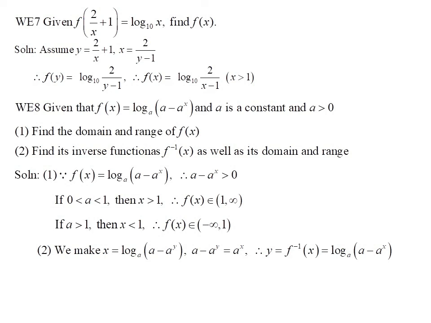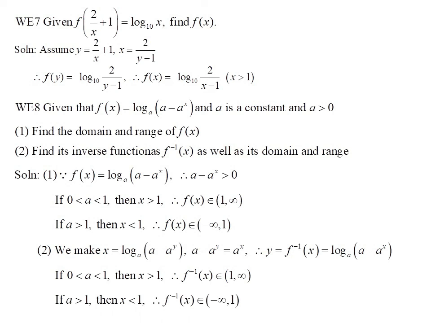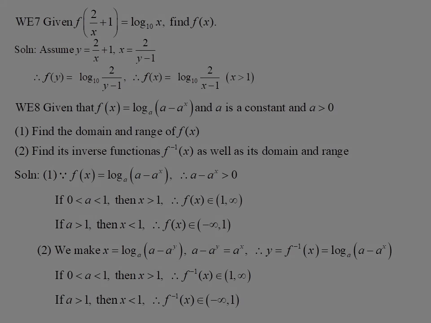So the new equation becomes x = log base a of (a - a^y). So we find the rule of its inverse is exactly the same as its original function. Therefore, when a is between 0 and 1, both the domain and range are greater than 1. When a is greater than 1, both the domain and range are less than 1.